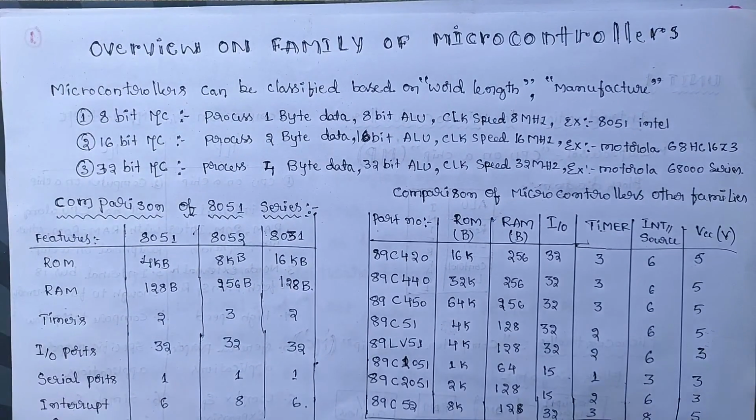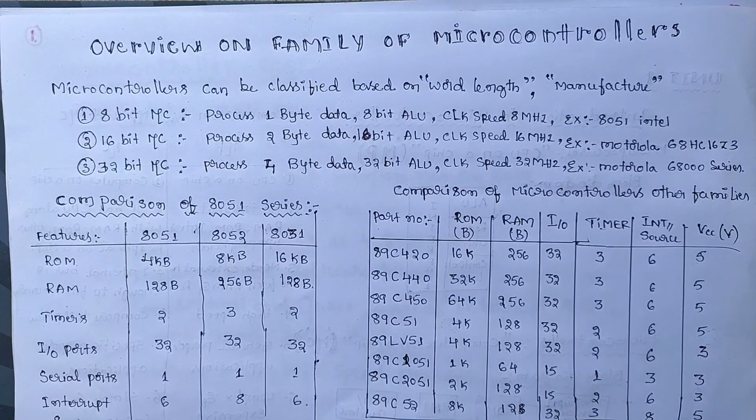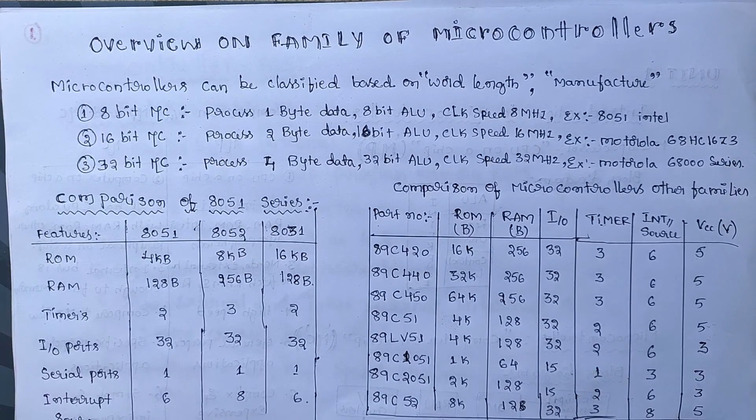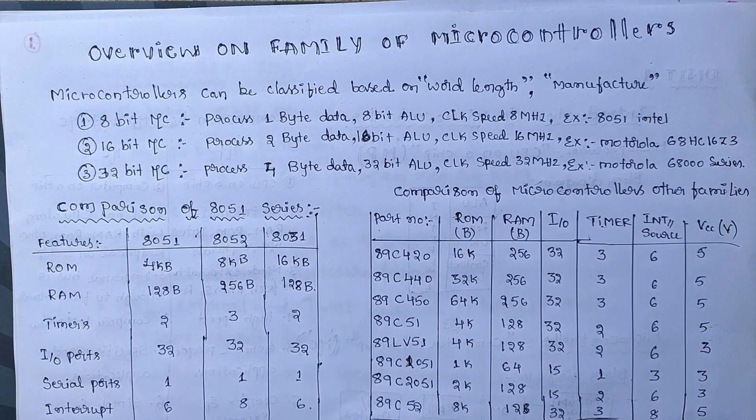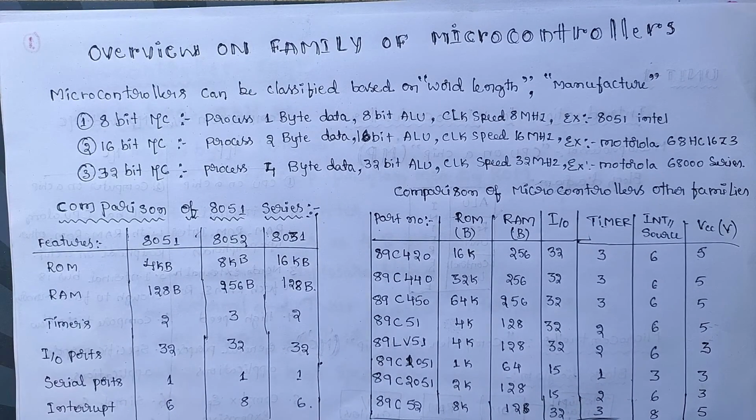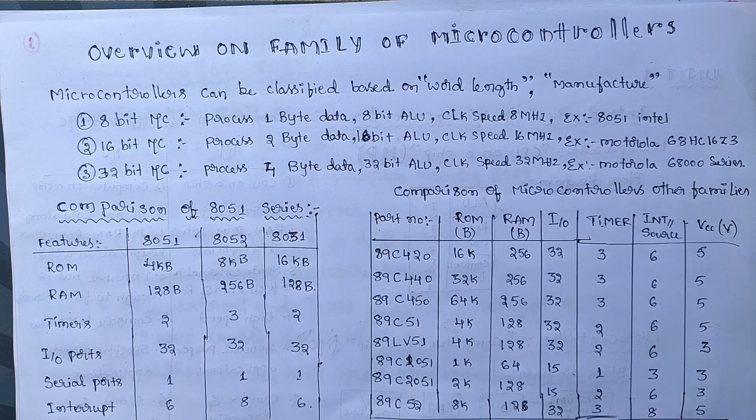Next we are moving towards an overview of the family of microcontrollers, because microcontrollers have a variety of classifications. This classification is based on word length and manufacturing unit.